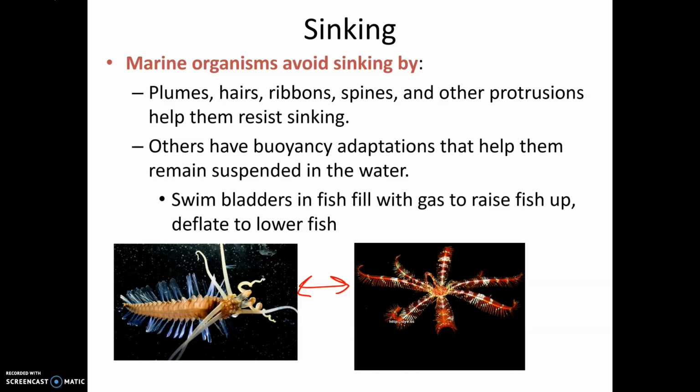So those are a bunch of different buoyancy things to help these animals. So again, plumes, hairs, ribbons, spines, any other protrusion. And then we also see these swim bladders, which is another adaptation to help prevent sinking.